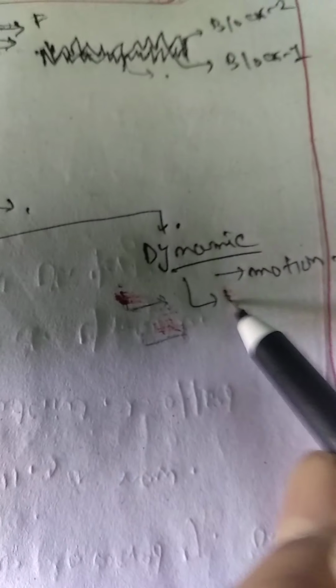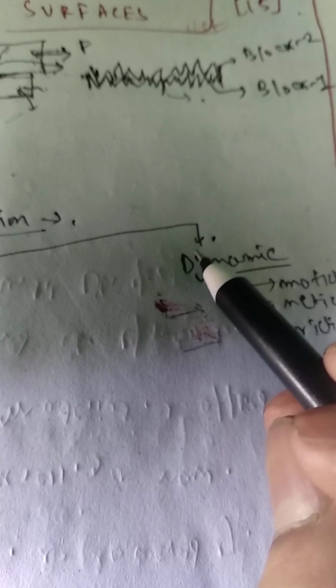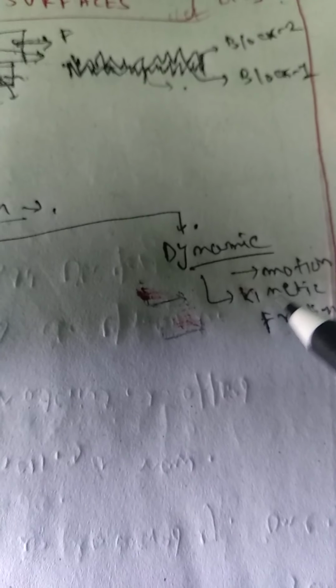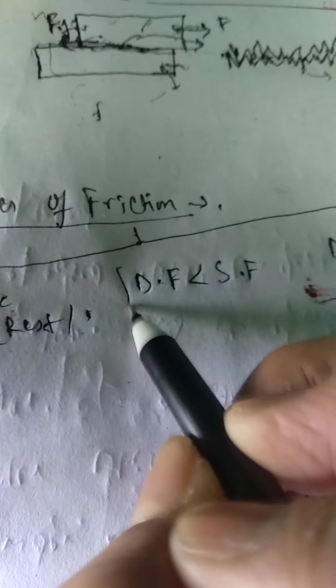This is also known as kinetic friction. The value of dynamic or kinetic friction is less than static friction. So dynamic friction is less than static friction. This is very important.